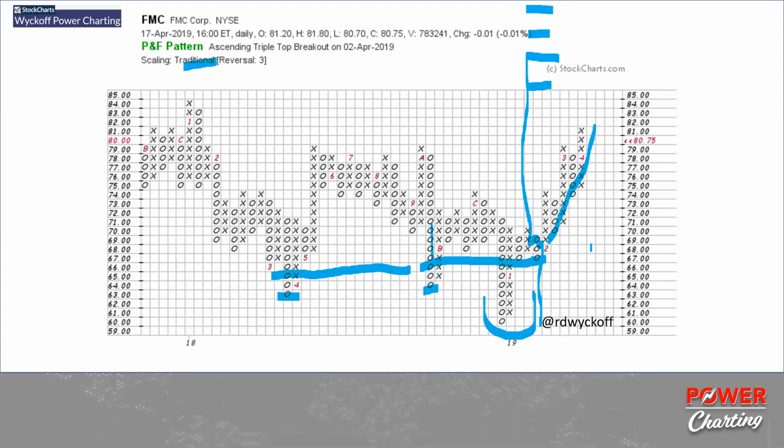This just goes back to the beginning of 2018, but go back and look at a much larger period for FMC. And let's watch this closely to see if it attempts to come back in again, which could produce a bigger count potentially, or it may just be endlessly range bound.